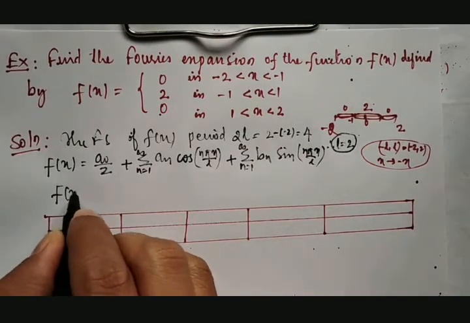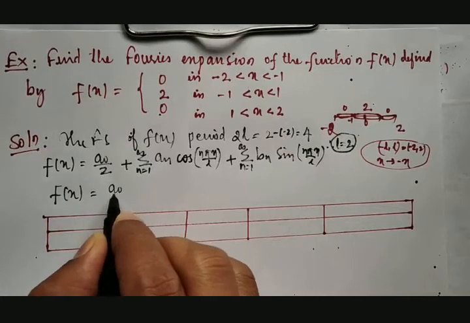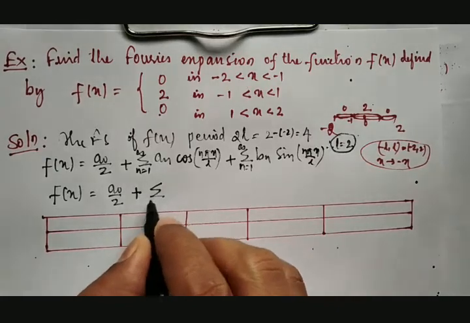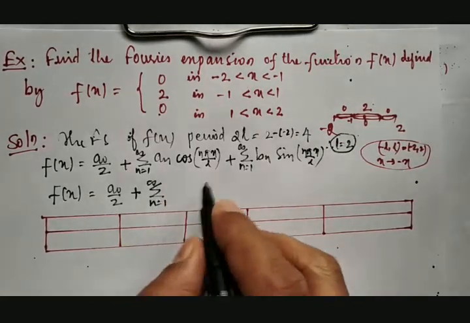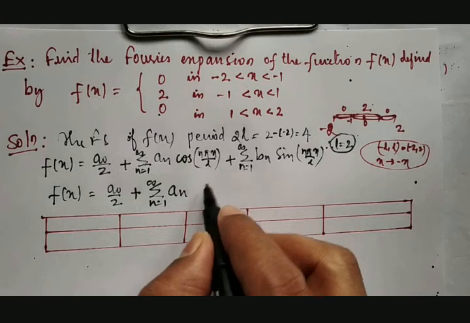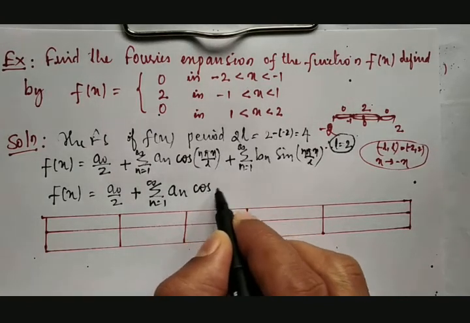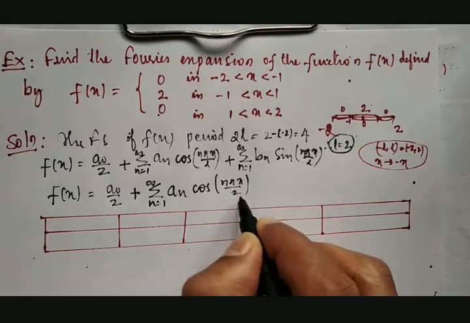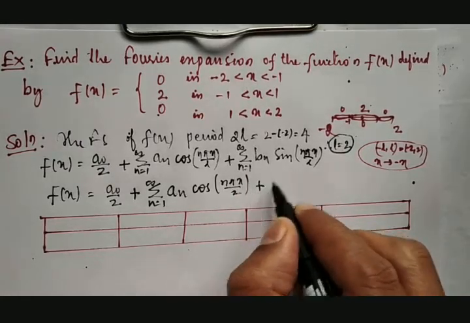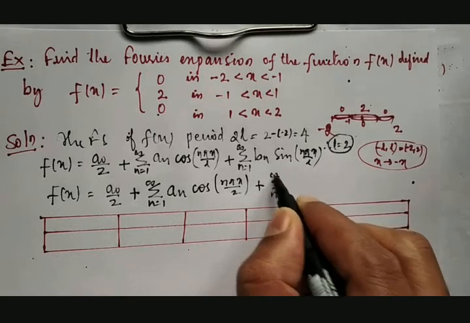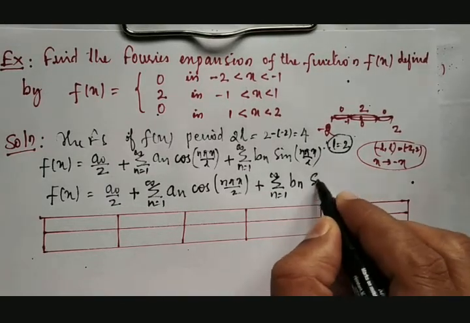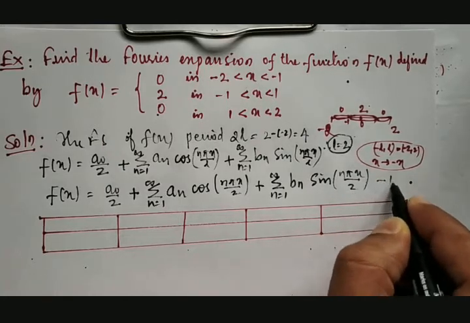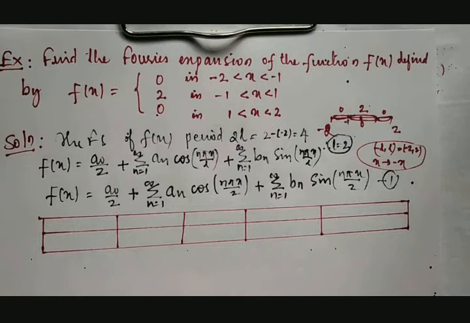So it becomes f of x = a0 by 2 plus summation from n=1 to infinity of an into cos n pi x divided by 2 plus summation from n=1 to infinity of bn into sin n pi x divided by 2. I'll be calling it equation number 1.